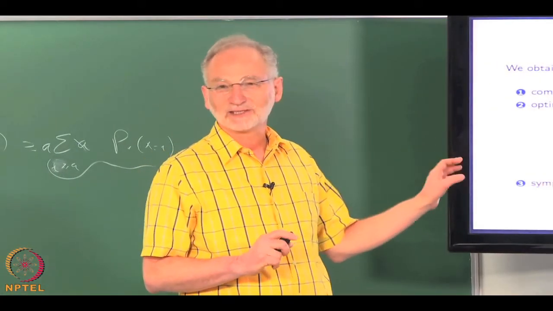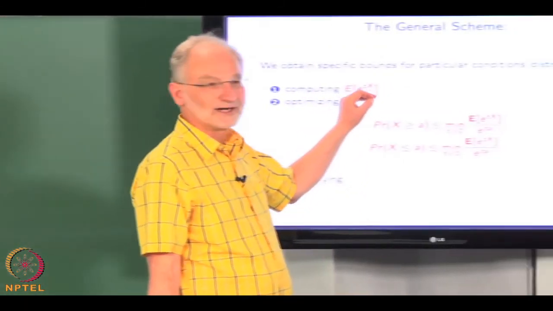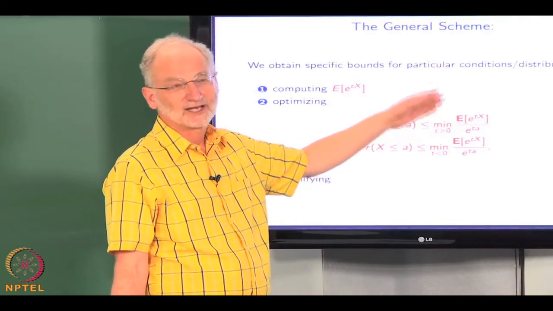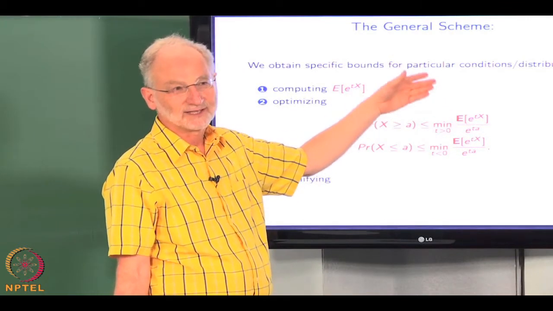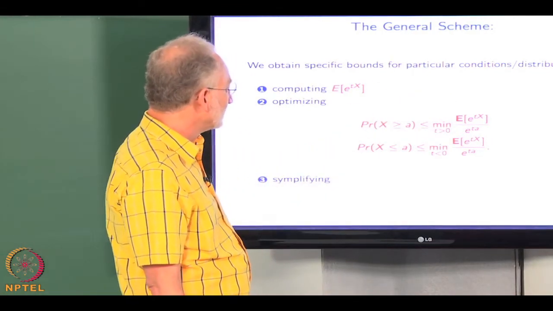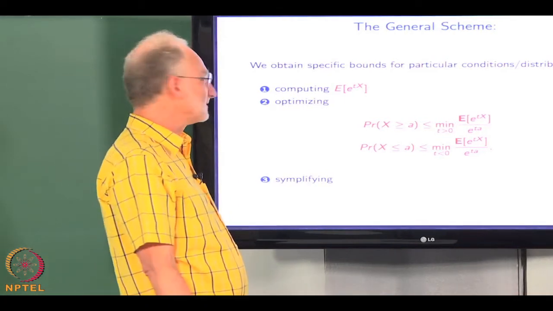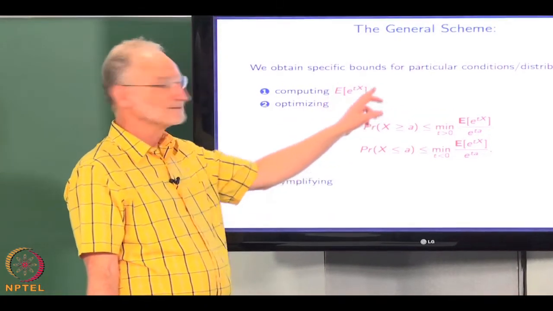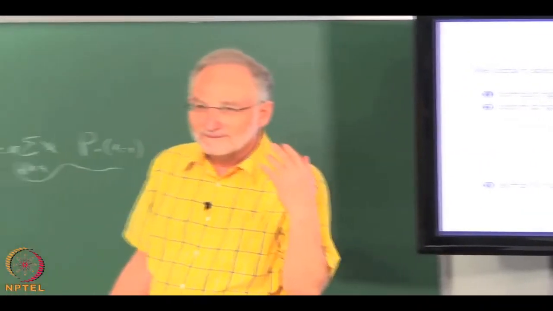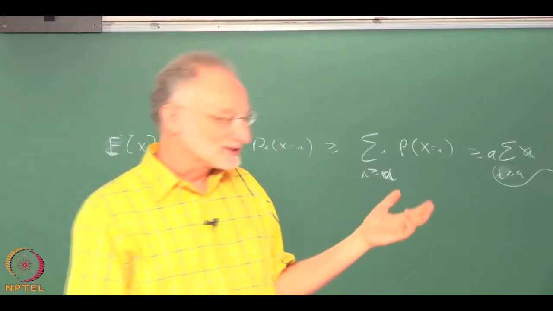There is a very particular reason why we move from the random variable to the random variable in the exponent. Maybe those of you who studied enough probability, what's this function? Moment generating function.